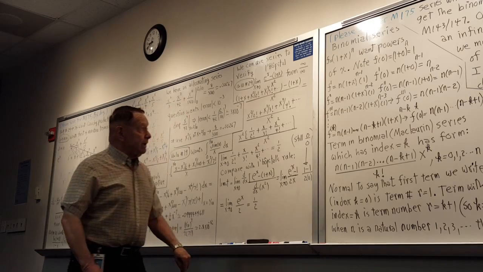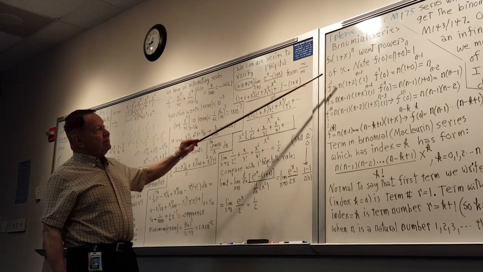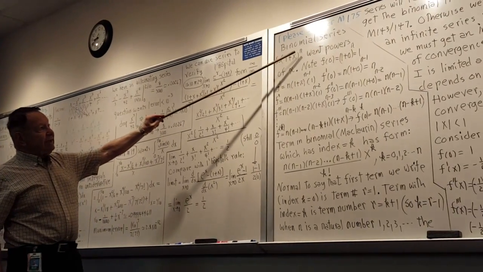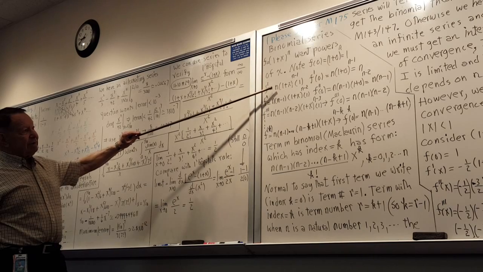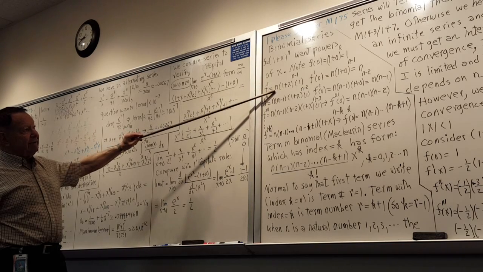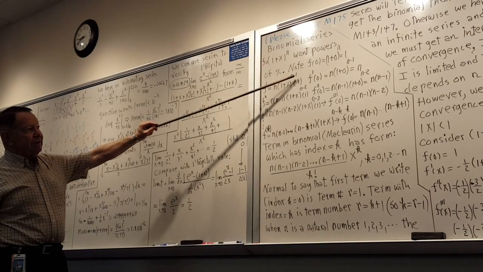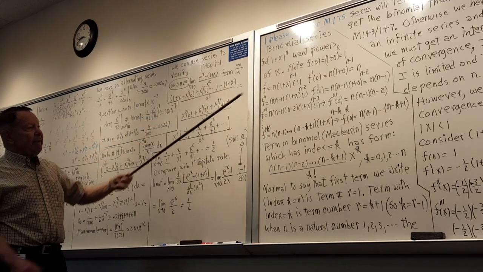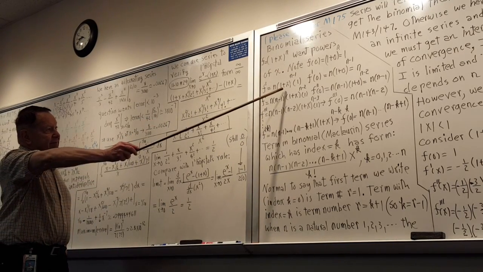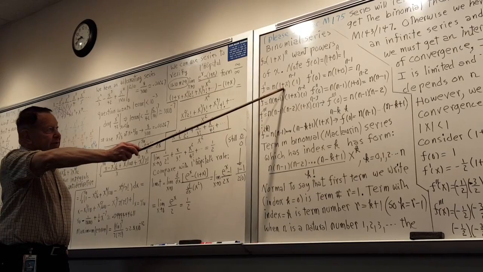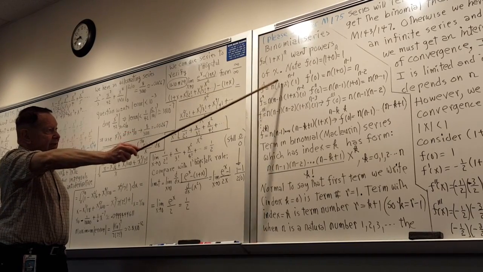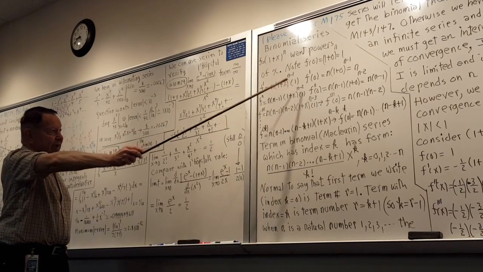In the same way, f prime, whether the n is a positive whole number or not, you'd bring the n down in front, and the new exponent is the old one minus 1, and then you multiply, according to the chain rule, by the derivative of what's inside parentheses, which is a 1.